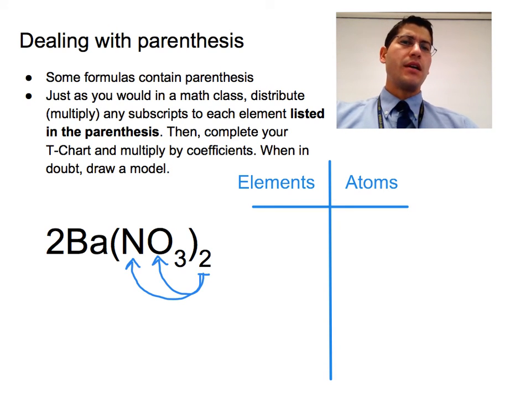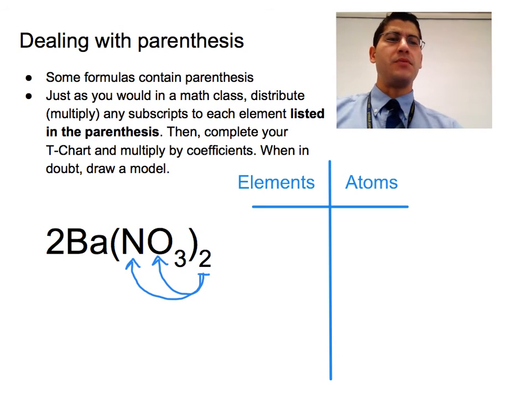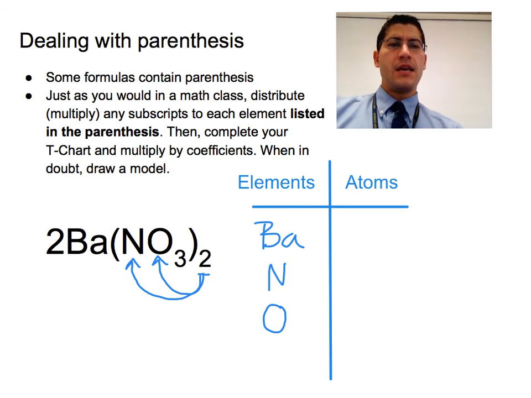So our chemical formula in this example has 3 elements. It has barium and nitrogen and oxygen. If there was no subscript, we would say that there are 3 oxygen atoms. But since we've distributed in, we multiply the 3 oxygen atoms by 2 to get a total of 6 oxygen atoms.